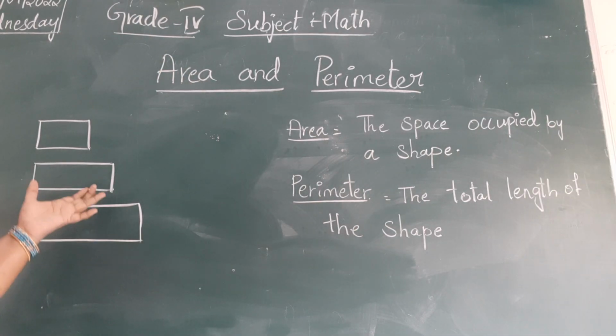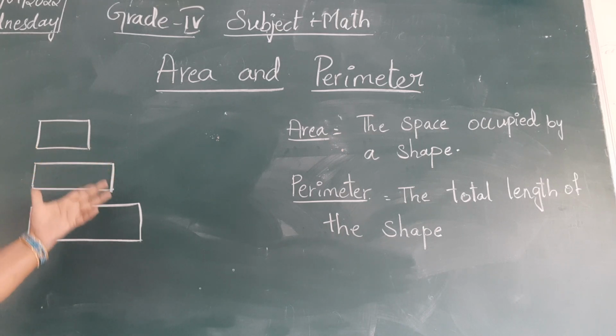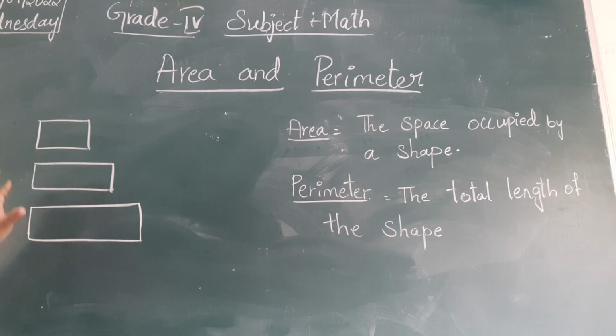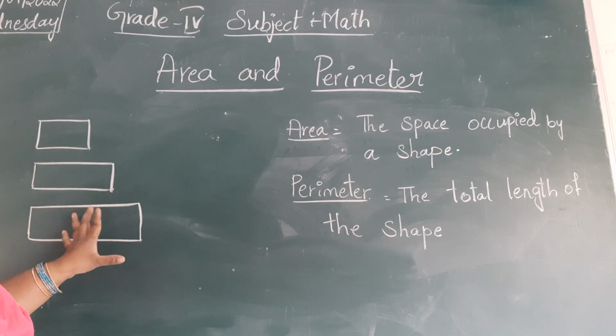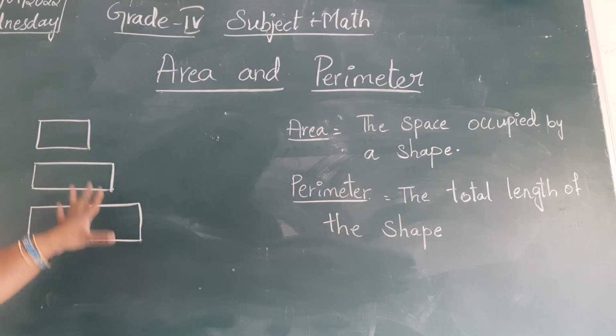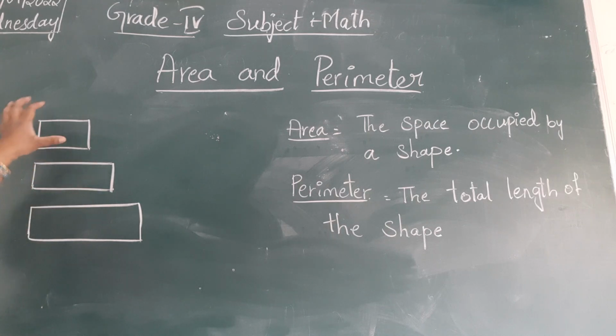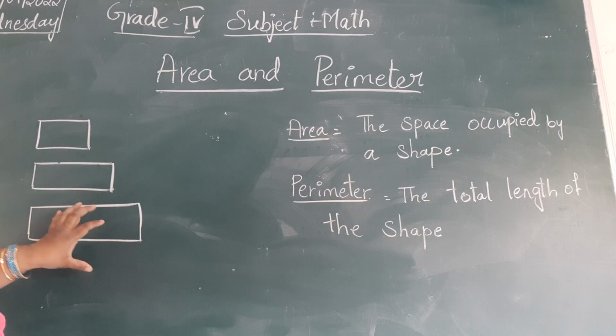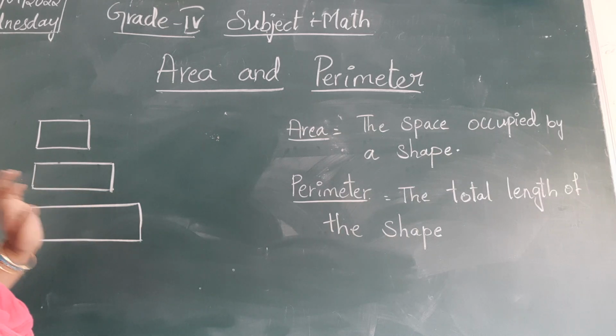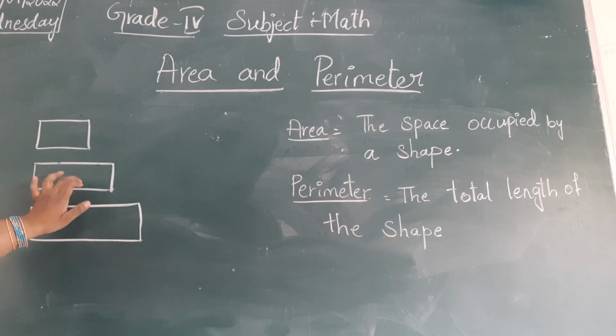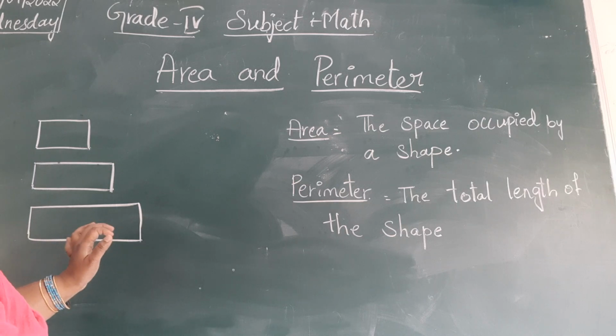Right, children. Here I have given you three rectangles. Are these three rectangles the same in shape and size? No. This is a small rectangle, this is a medium rectangle and this is a large rectangle. So will the area of these three rectangles be the same?